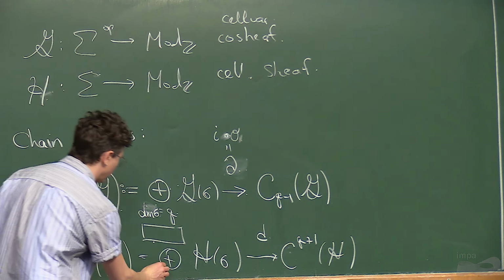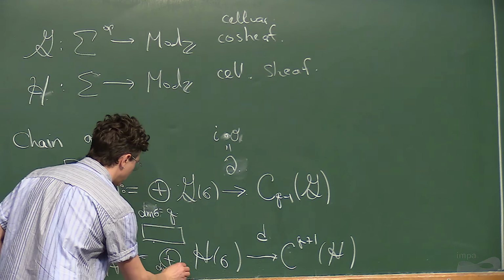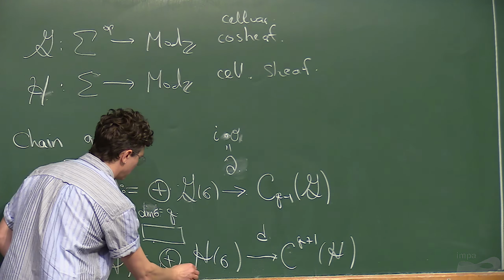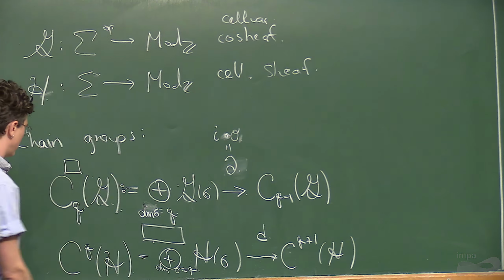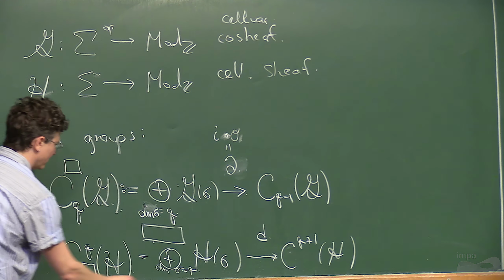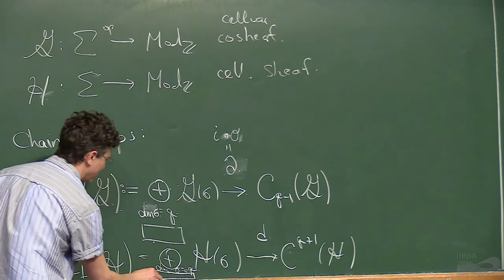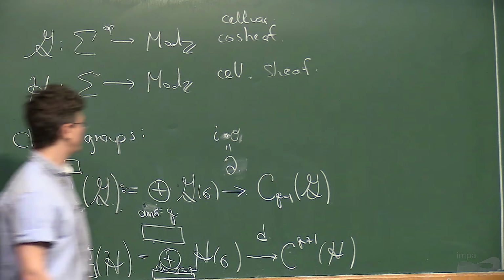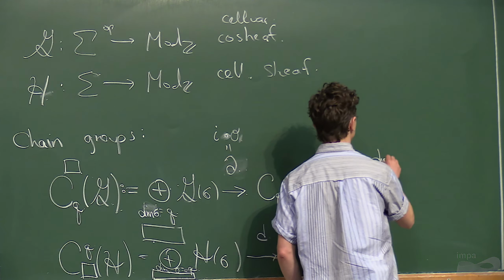Okay, so we have q-dimensional faces. And I'll put a little decoration here and a decoration here. Okay? And then as you can guess, to get the homology and the cohomology, we'll just do the usual thing once we get these chain complexes. These are chain complexes.